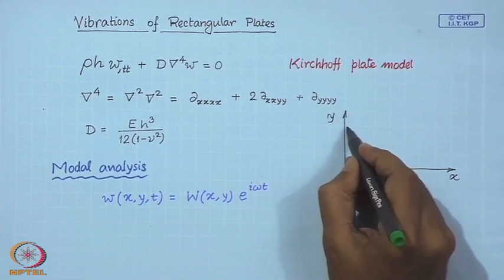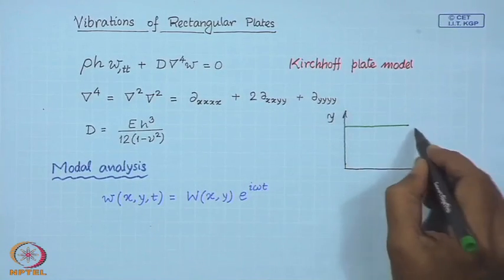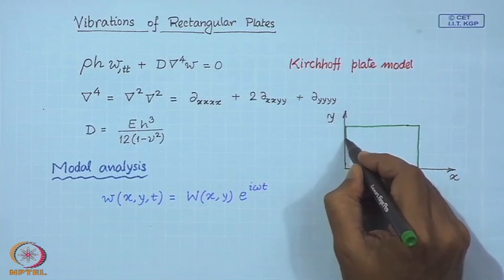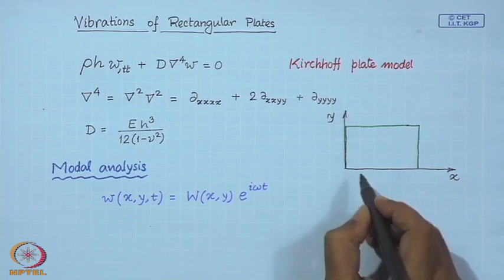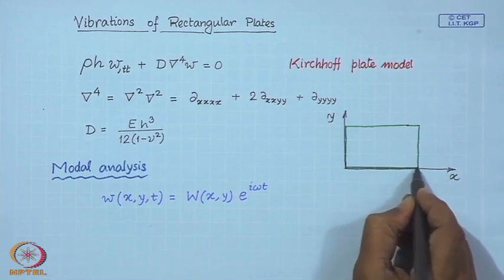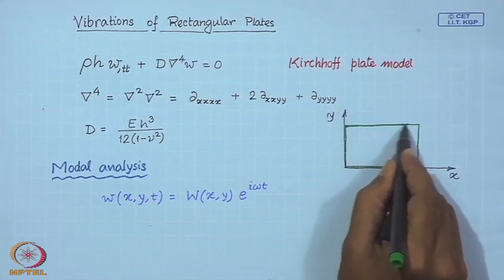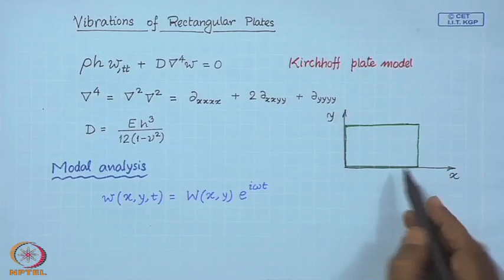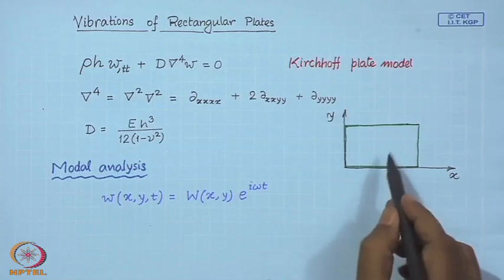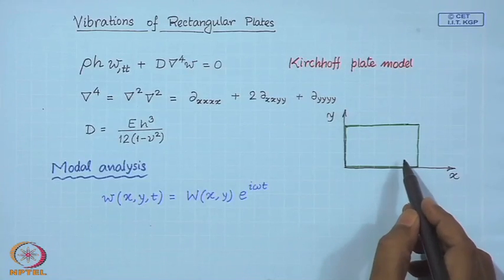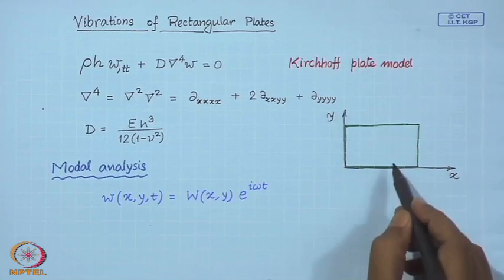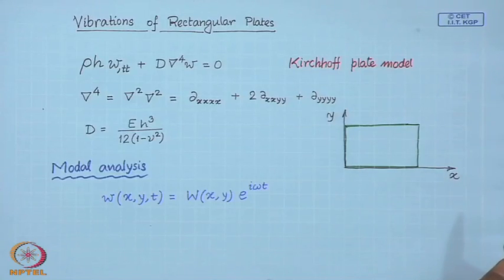So, suppose we have a plate lying on the x y plane, and the displacement, the field variable w, is measured transverse to this plane, which means perpendicular to the plane of the paper.